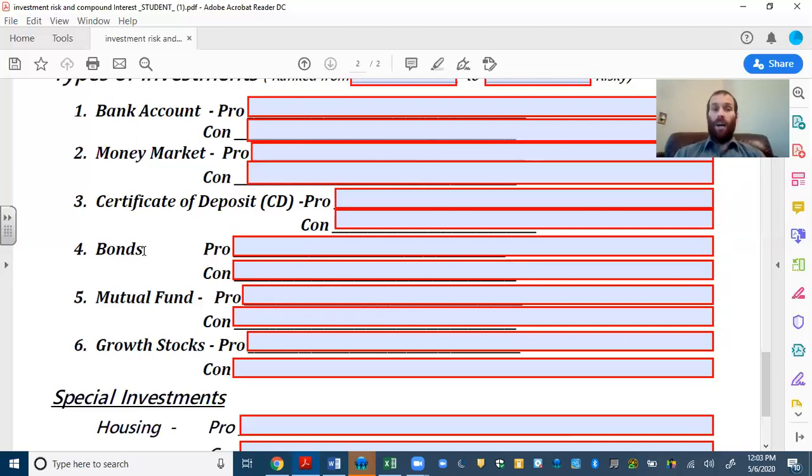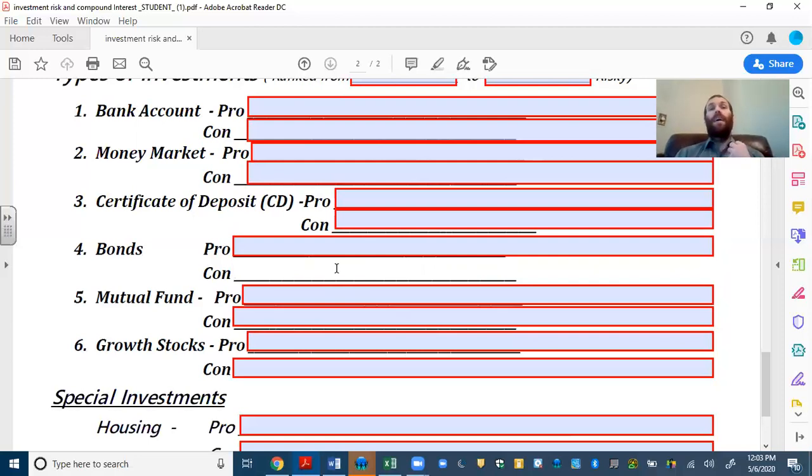All right, furthering bonds, liquidity is a con for bonds. And that's because if you get a bond and it's a 5-year bond, you have to wait that 5 years before you can redeem it. If you go to the government and say, yeah, I know we said 5 years, but I want it back now, they're like, that's not how this works. Because remember, a bond is essentially an IOU.